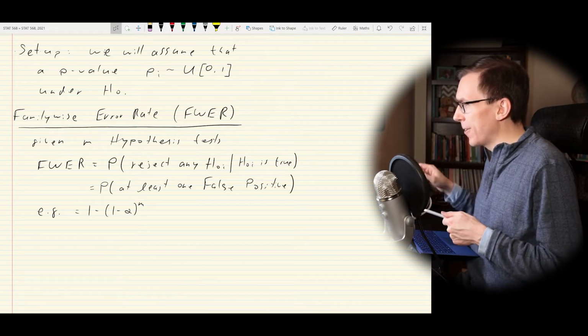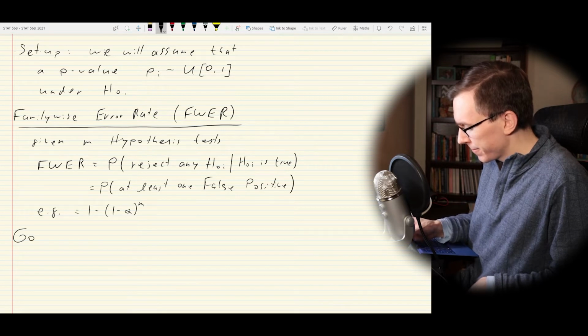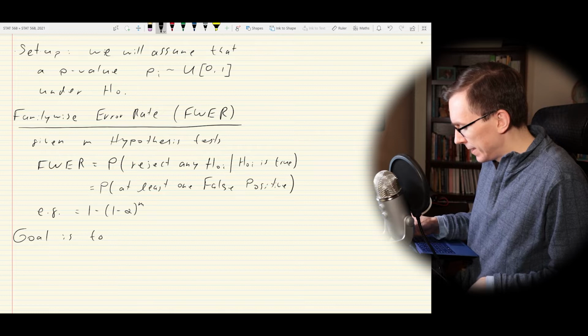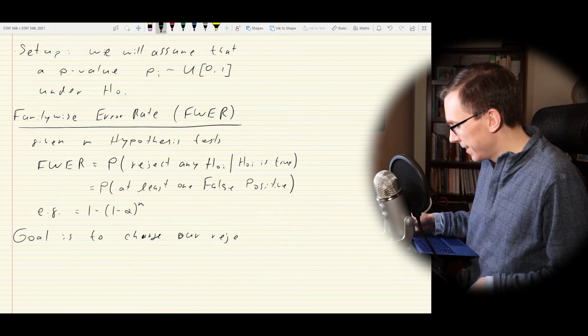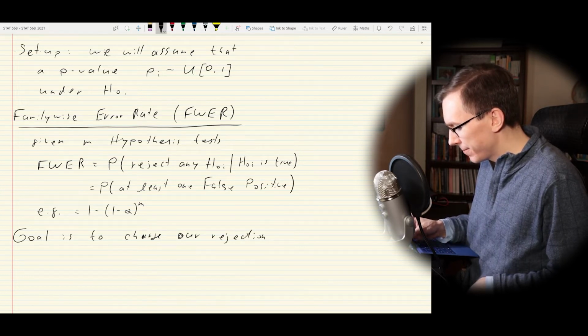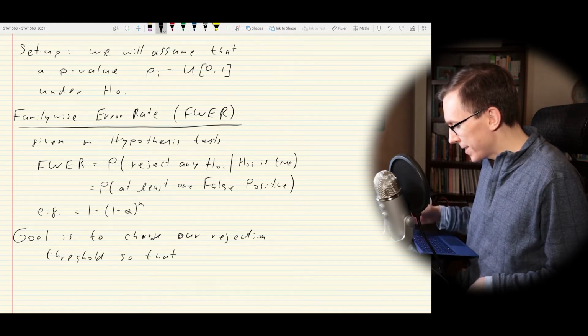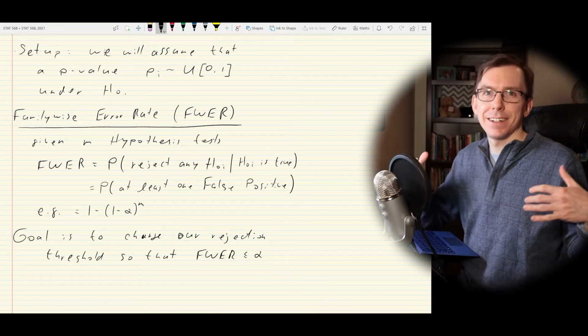Right, so then the question is, how in the world do we correct this? Because the goal is to change our rejection threshold so that the family-wise error rate is less than or equal to alpha, the desired test size.